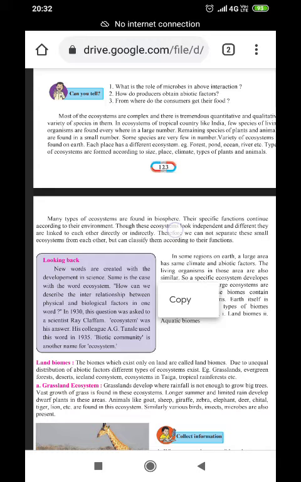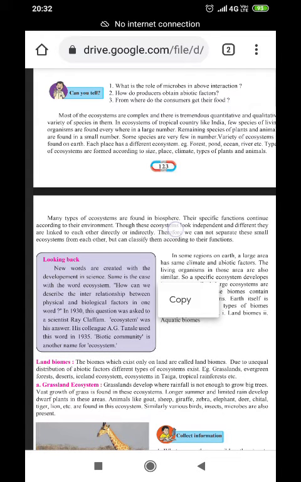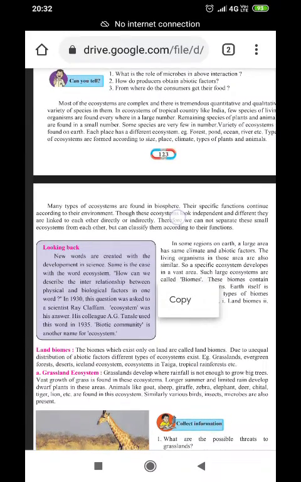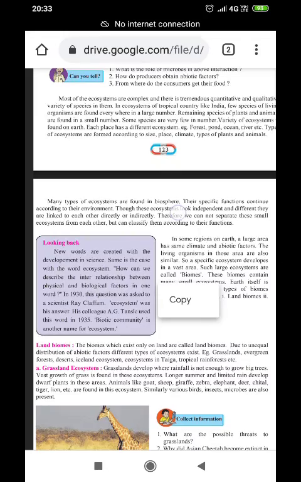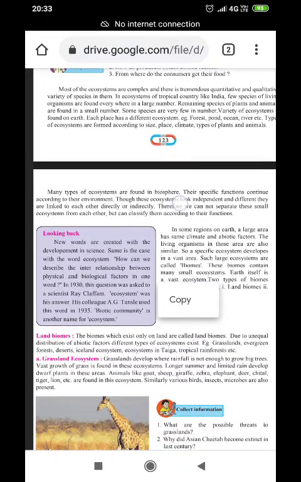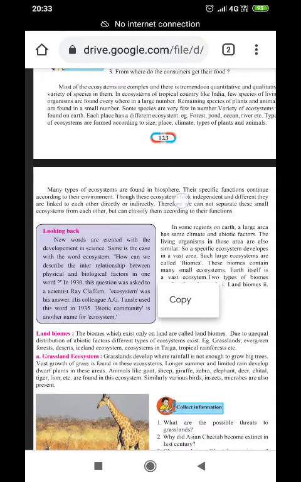Now, the plants give out oxygen from the process called photosynthesis. Oxygen is a part of air. That is one example of abiotic factors. From where do the consumers get their food? Consumers get their food either from plants or from animals.